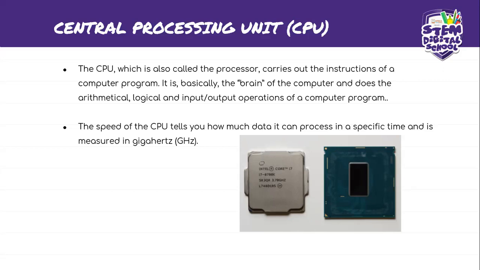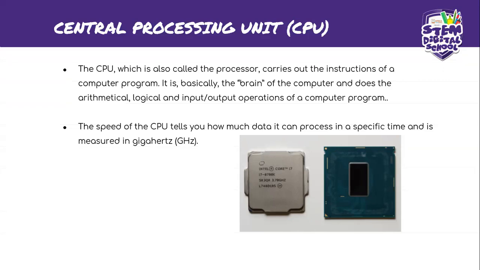Which one is going to process this information? The CPU. The CPU carries out the instructions of a computer program. So if I'm using a program, the CPU is going to carry out these instructions. The CPU is basically the brain of the computer. It does the arithmetical, logical, and input or output operations of a computer.